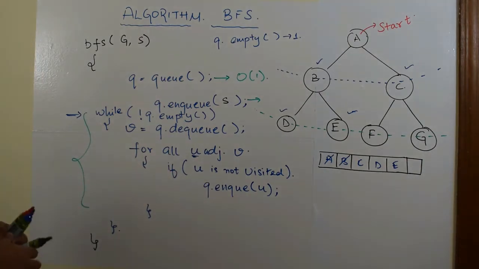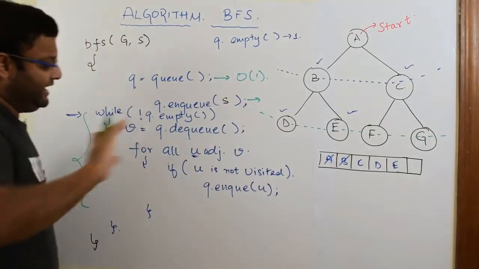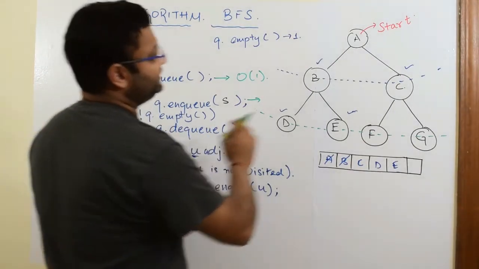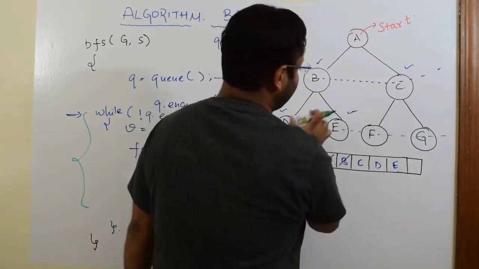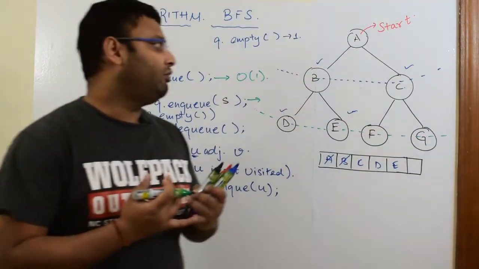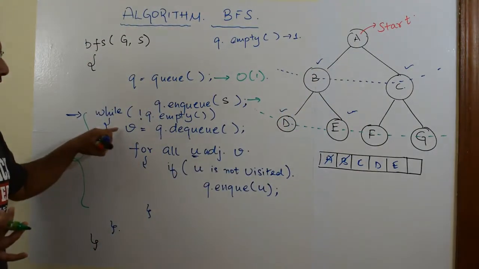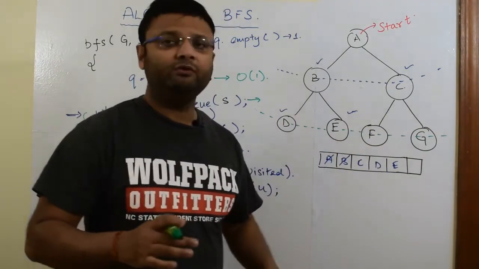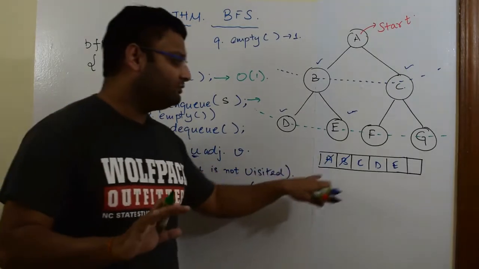Before we proceed further, one thing I hope must be clear to you is that this operation for BFS is running on each node one by one, right? We have V vertices, so each vertex will be popped out and evaluated.